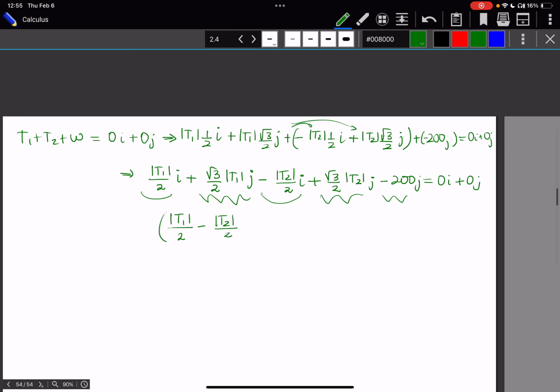And there's nothing else with I. And then square root of 3/2 times magnitude of T1 plus square root of 3/2 times magnitude of T2, then minus 200. All that goes with J equals 0I plus 0J.